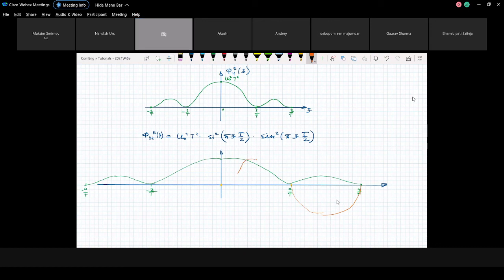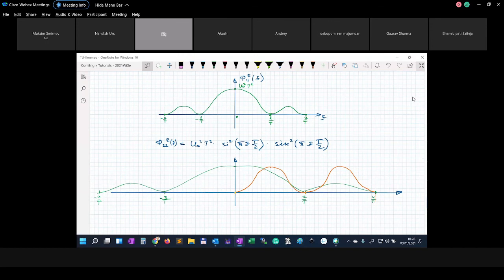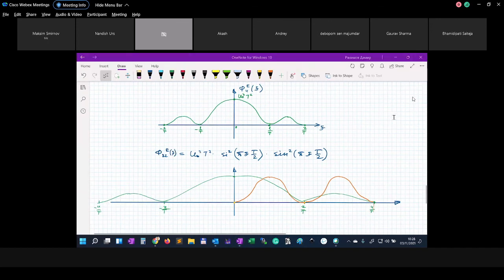No, sorry, it's 1 minus cosine function. Like this part, and the second also will be positive. Yeah, only positive amplitudes. It's right.